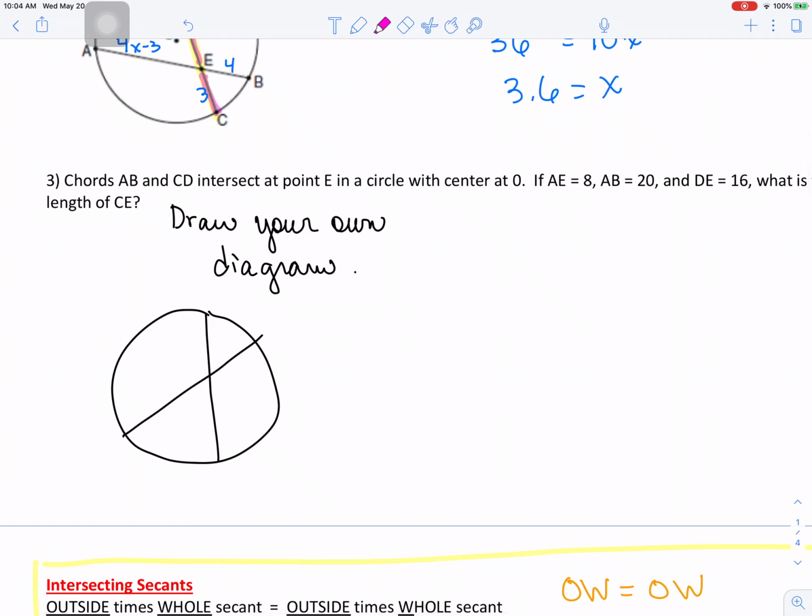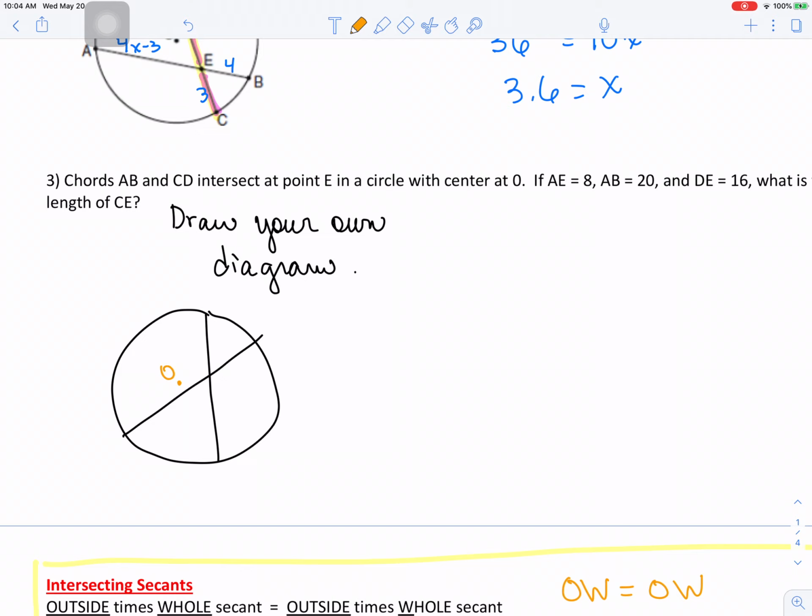Okay, this one is a 1 step harder because there's no diagram, so draw your own diagram. When you do that, be careful that you correctly name things. So chords are AB and CD, and they intersect at E in circle with center O. The center of the circle is always off the chord, unless the chord is a diameter, and it would have told you that.